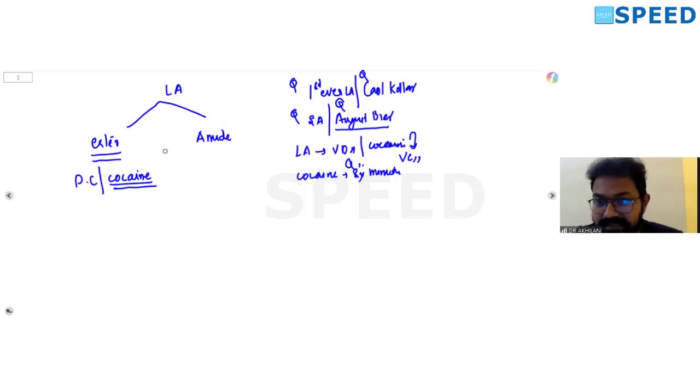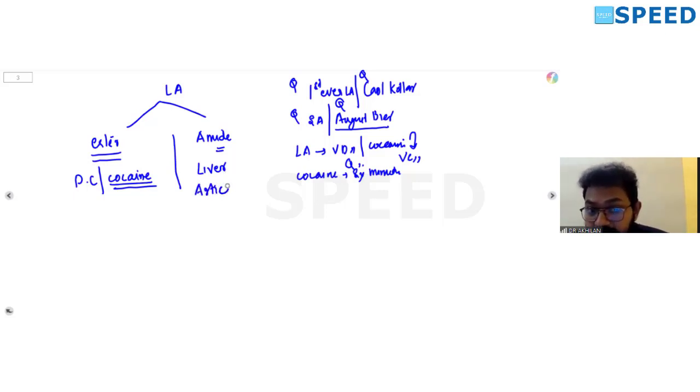So anyways, we are talking about ester local anesthetic agents and amide local anesthetic agents here. Your ester local anesthetic agents are metabolized by pseudocholinesterase enzyme, cocaine. Your amide local anesthetic agents undergo metabolism in the liver. All your amide local anesthetic agents undergo metabolism in the liver except one drug which is called articaine.